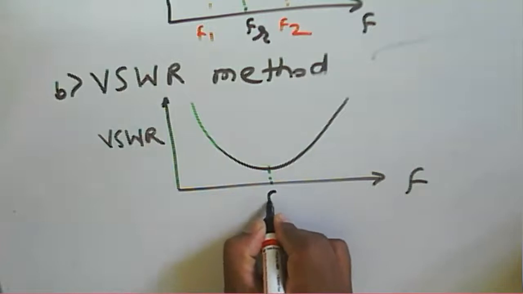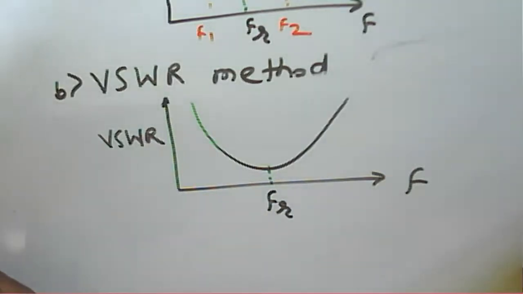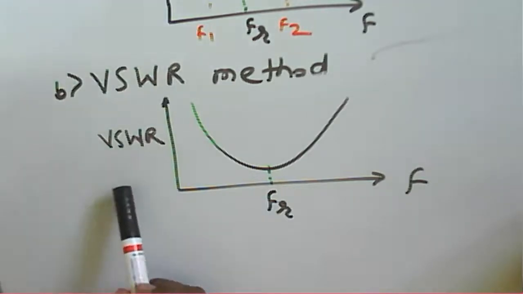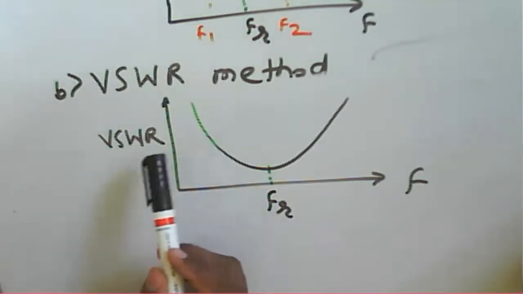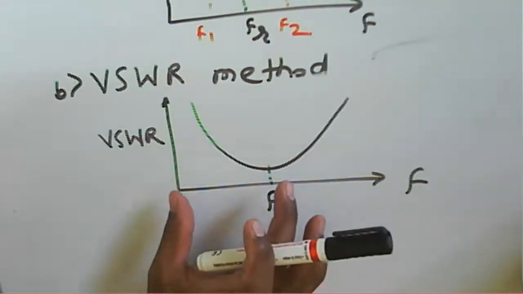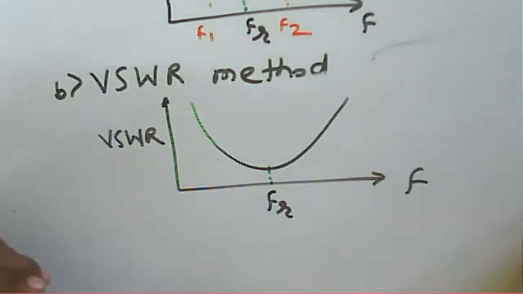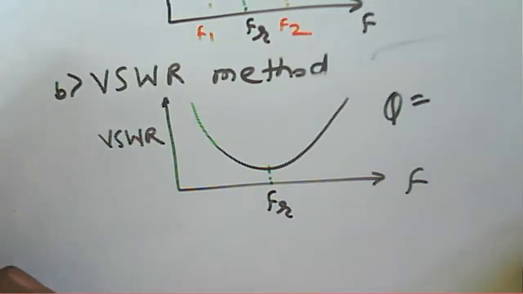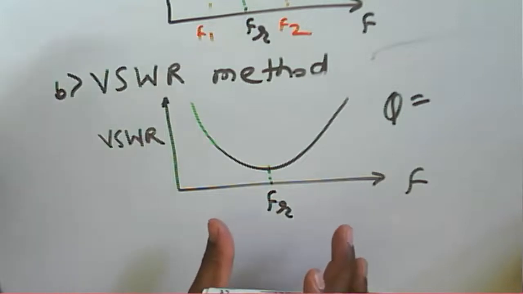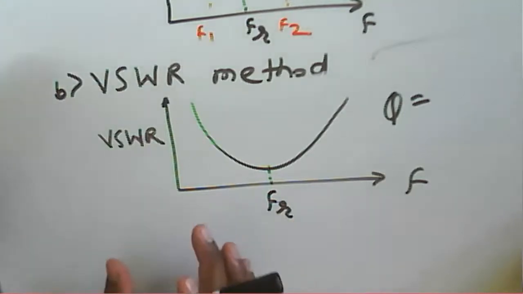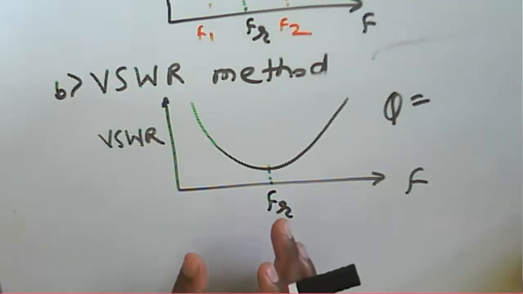It means the resonant frequency is where the VSWR is the lowest, and at this point we note down the minimum VSWR at the resonating frequency. And then from this lowest value of VSWR, we need to find the half power point. So how do we find the half power point?